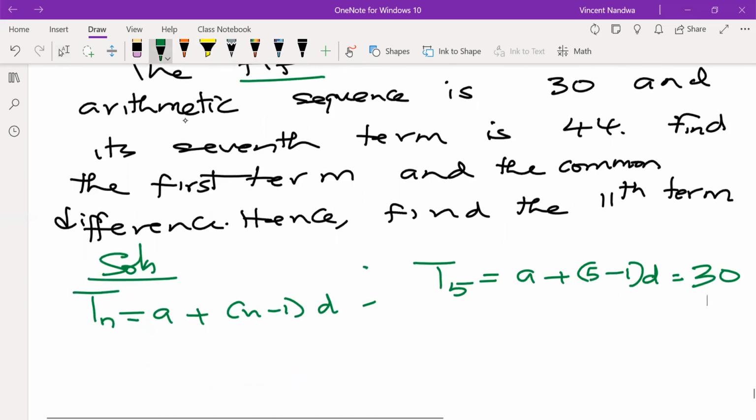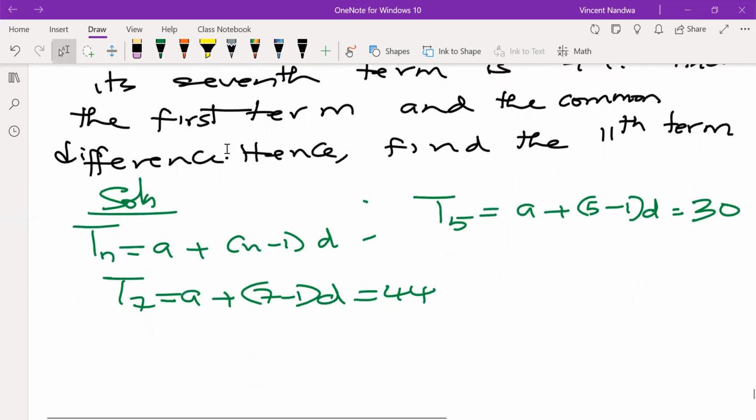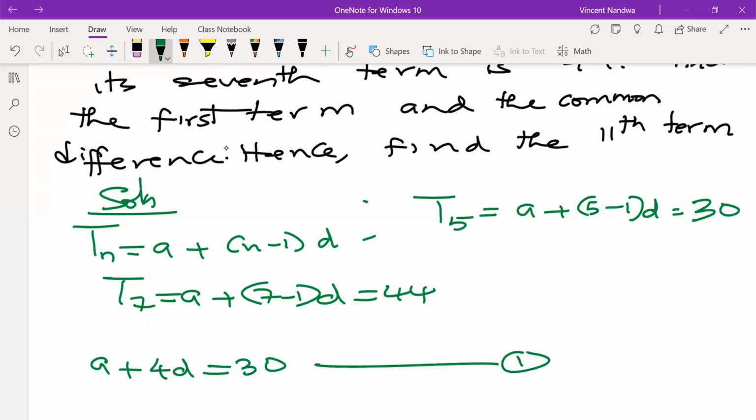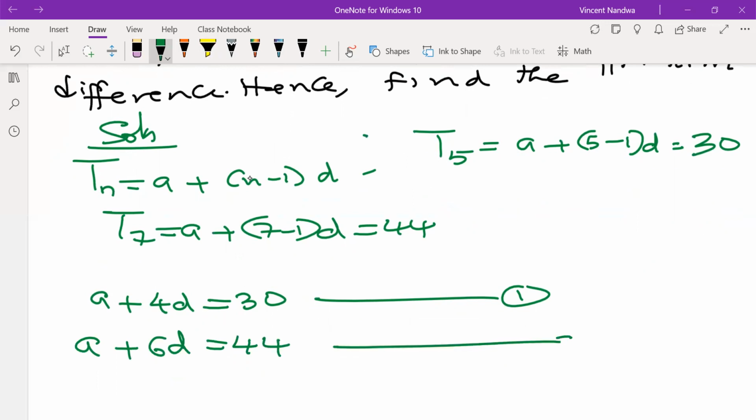And the 7th term means n is 7, so it will be a plus 7 minus 1 times d, which gives 44. So from T5, we have a plus 4d equals 30. I call it equation 1. From T7, we have a plus 6d equals 44. Call it equation 2.